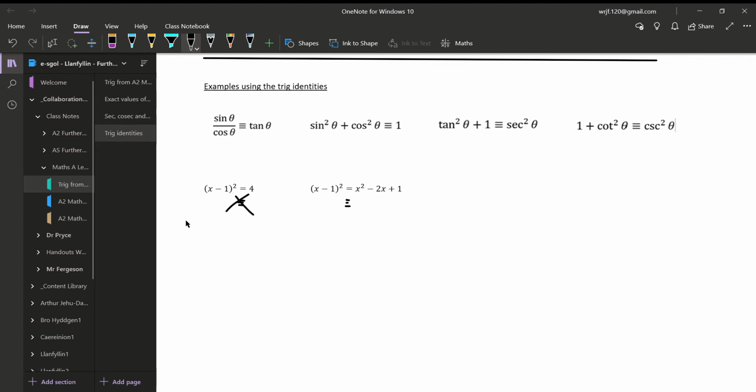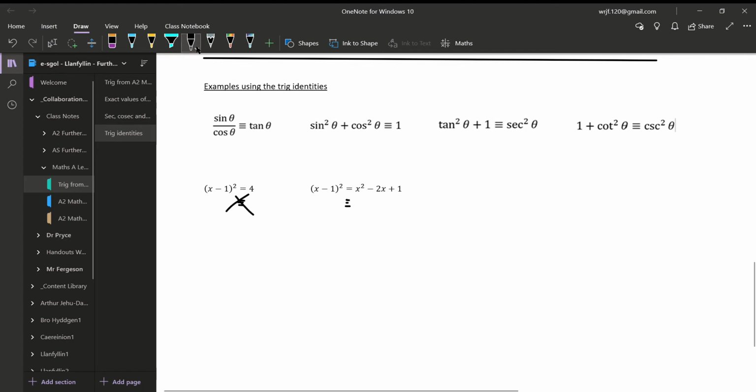So at the top of the screen underneath the title, we've got our four trig identities. These are true whatever value of theta we choose to substitute in. The identities are true all the time. These trig identities get used in a variety of different situations.